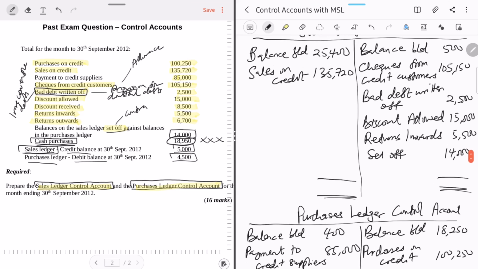So it means on the credit side, after the month has ended, if you were to create a balance brought down, it would have been what? 5,000. You can see we are trying to follow the trend of what? This one. So balance brought down, balance brought down. So if the balance brought down is indeed 5,000, then it means the balance carried down at the end of the period would be 5,000.